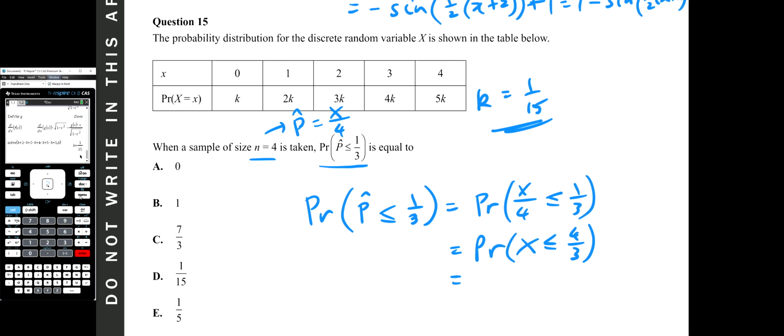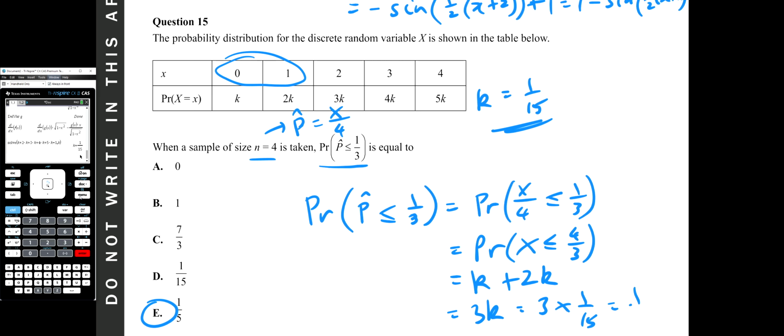So if you're less than or equal to 4/3, we are basically on x equals 0 and x equals 1. So that is simply k plus 2k, which is 3k, and 3 times 1 on 15 should be 1 over 5, which is option E right there. There you go. So that is how you work out that probability.